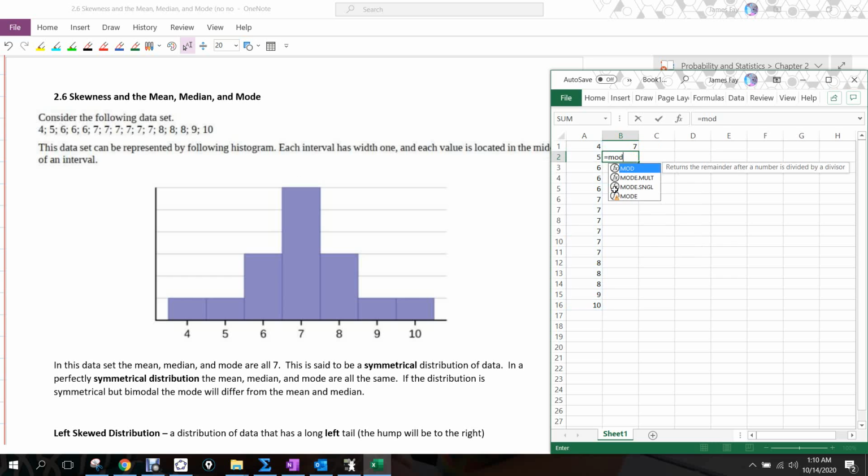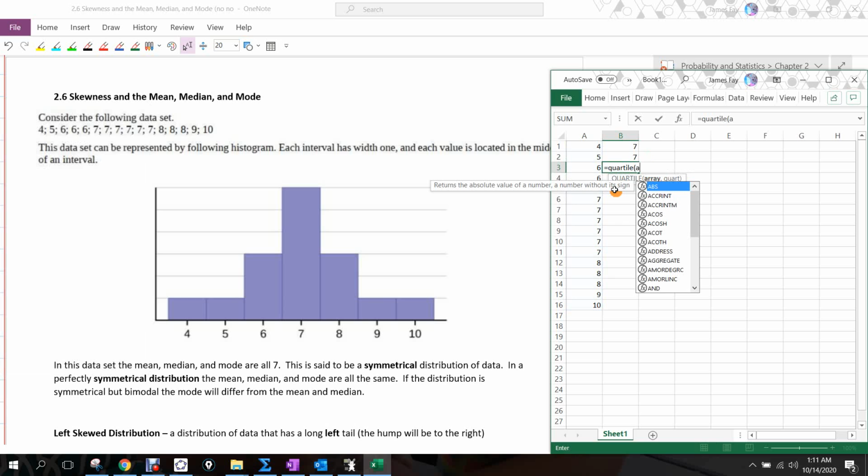If I go mode of A1 through A16, it gives me 7 back. And if I go quartile of A1 through A16, it's quartile 2 for median, and I get 7 back. So we see that all 3 measures of central tendency are identical here.